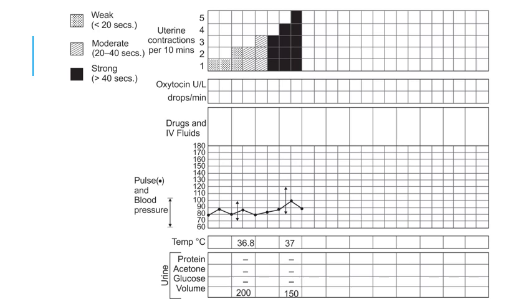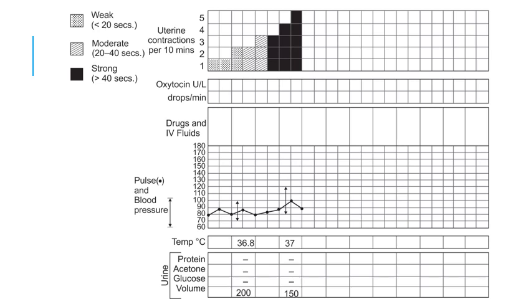Here we can see plotting of uterine contractions. So we count the number of contractions in 10 minutes, and accordingly we shade the number of squares. Depending on the intensity of contraction, if it is a weak contraction that lasts less than 20 seconds, the shading is dotted.